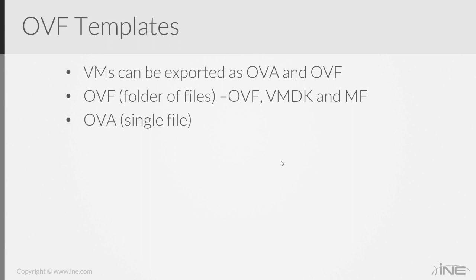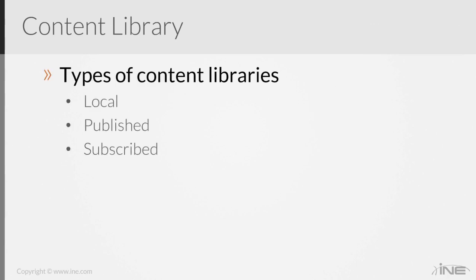All right. So next I want to discuss content library. This is a new feature of vSphere 6. Content library basically is a repository for storing our virtual machines, or vApps, things like our templates, our ISOs and scripts.